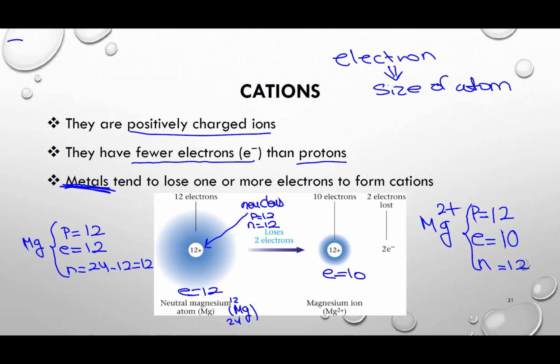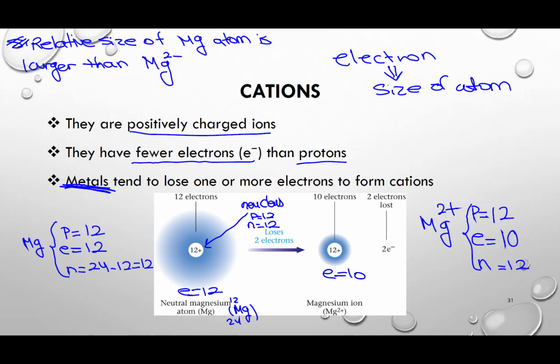Okay. Then the relative size, that's a better way of saying it. Relative size of magnesium atom is larger than magnesium ion.